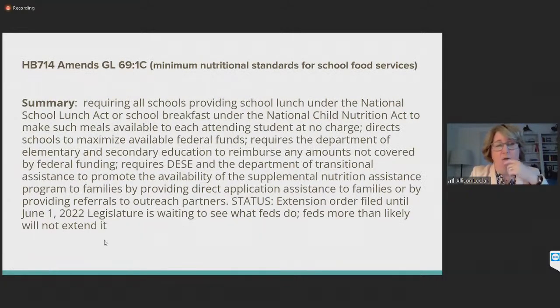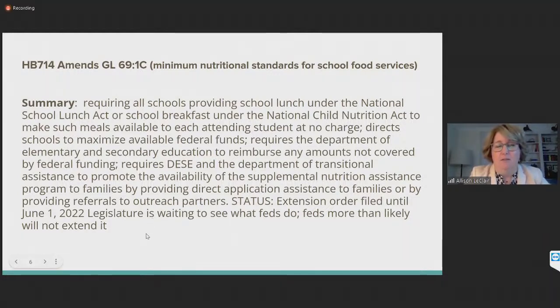Now, one thing that I wanted to point out, and the reason that I thought I would bring this information to you tonight, is because beyond starting to get the message out to families, and this is where I thought you were going, Cindy, right now the state of Massachusetts legislators have a bill in front of them, and it's HB 714.